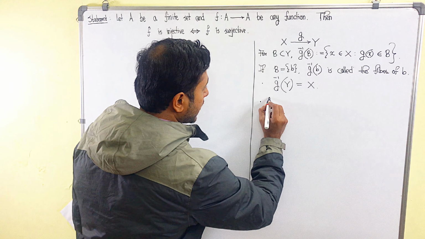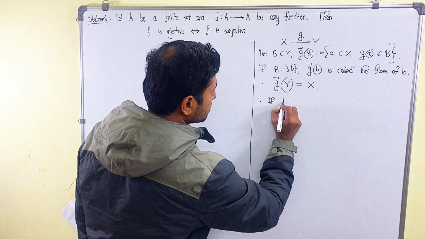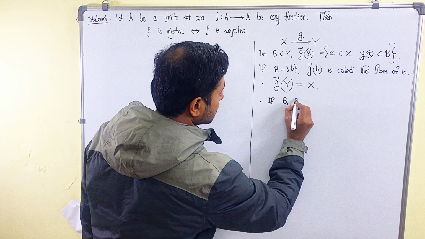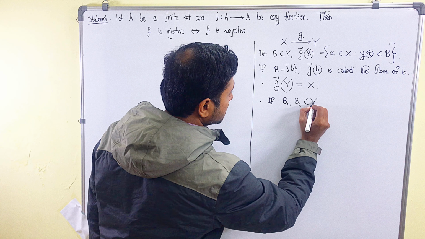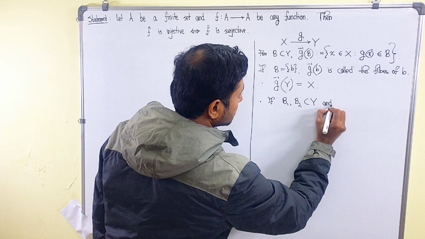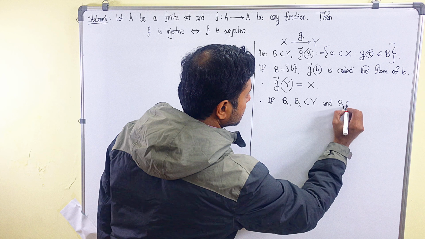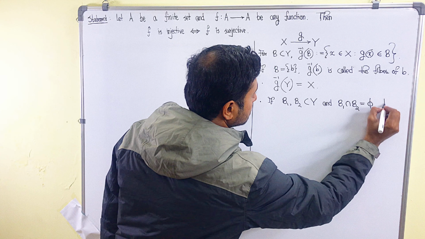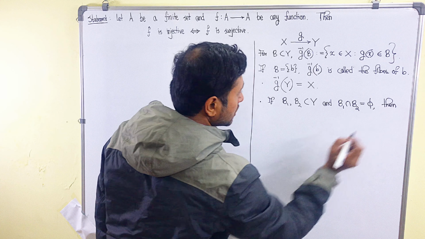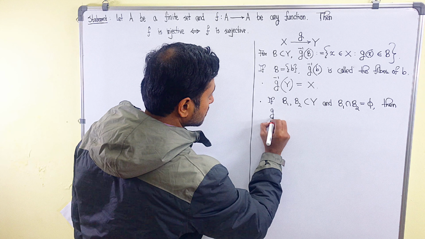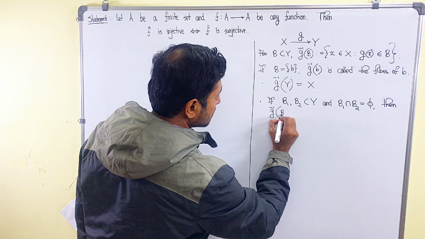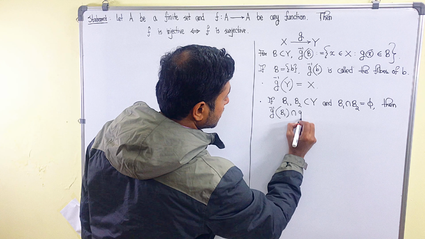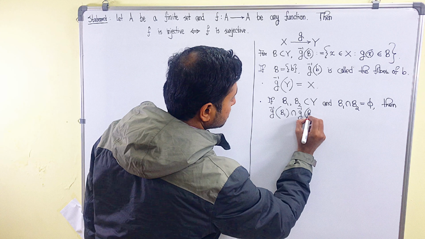So if B1 and B2 are two disjoint subsets of Y, then their pullbacks are also disjoint, quite obviously.